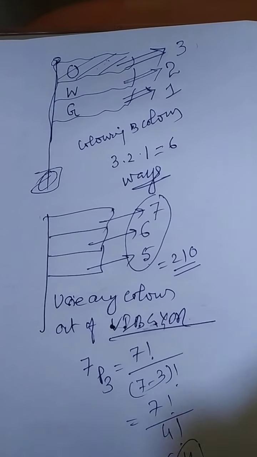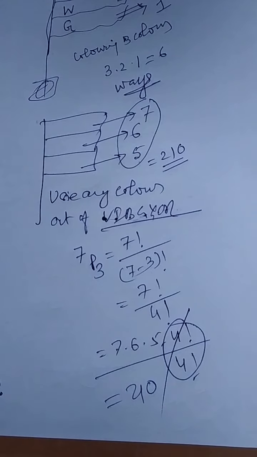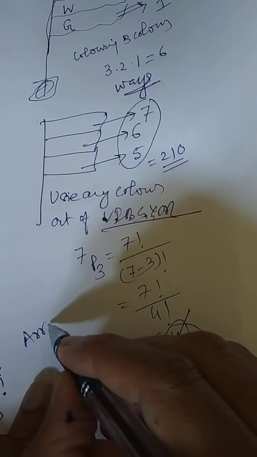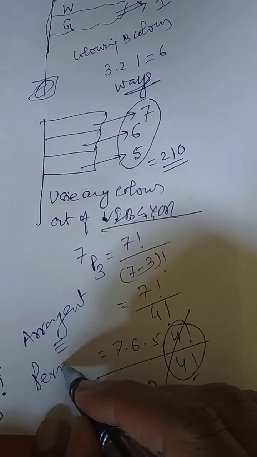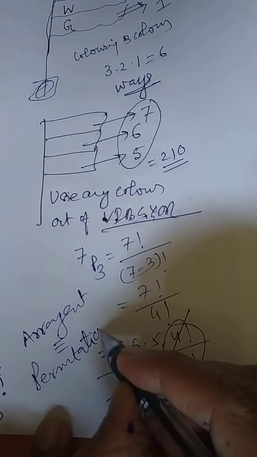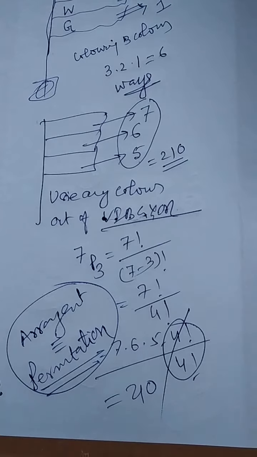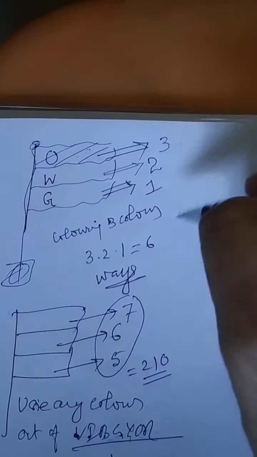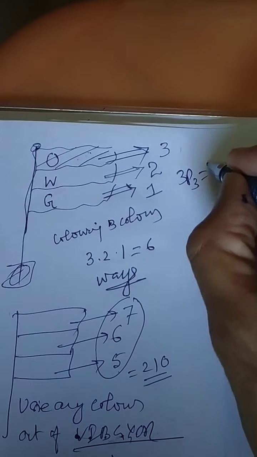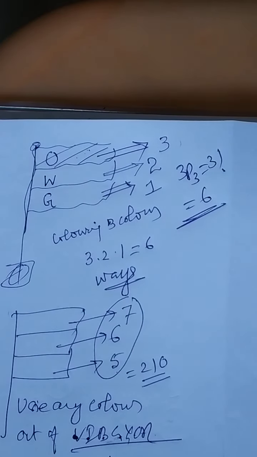Here the 4 factorial will get cancelled and you will get 210. So in another way, arrangement is a synonym of permutation. Whenever I use the word permutation, its meaning is arrangement. What about this one? It is 3 colors, so there will be 3P3. The answer, which you know, is 3 factorial, which is 6.